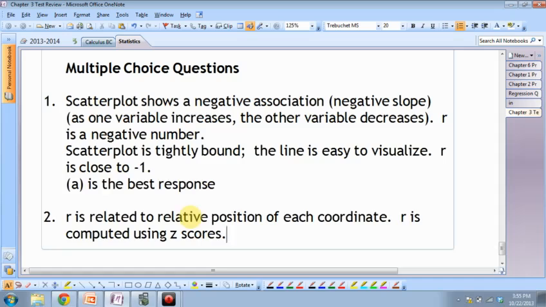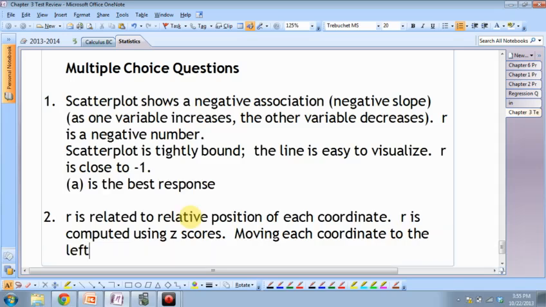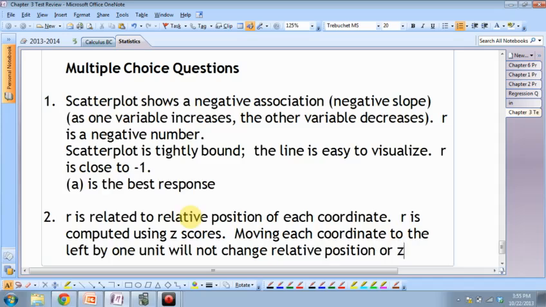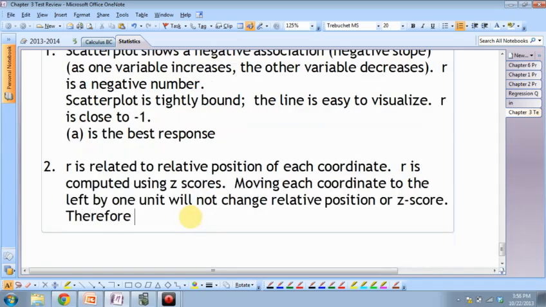Moving each coordinate to the left by 1 unit will not change relative position or z-score. Therefore, r is not affected.